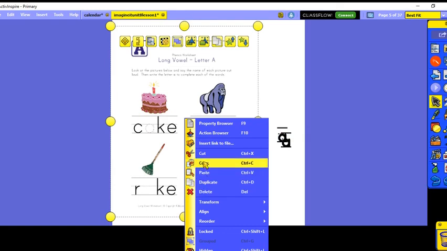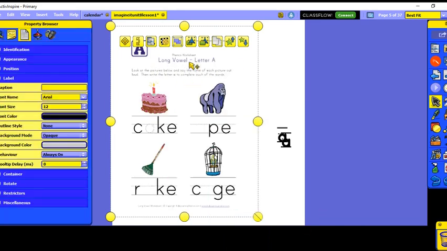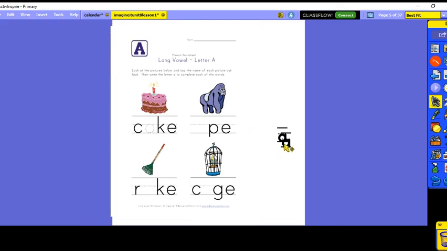Okay, so let's just do this. Ache has the A sound. Ape has the A sound.